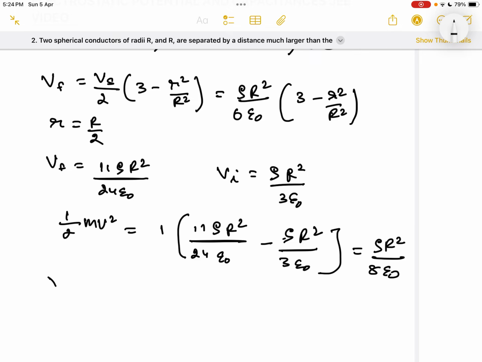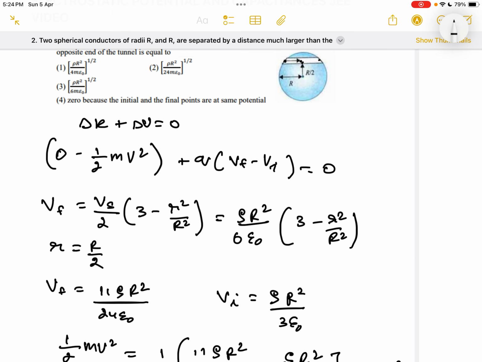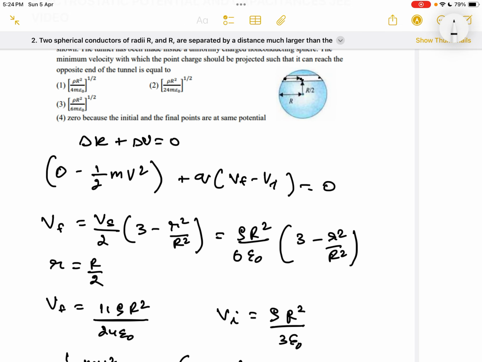Now if you calculate the velocity from this, velocity would be rho R square divided by 4m epsilon naught, power 1 by 2, which means it's under the root. Let us find out which option that is. Looks like rho R square divided by 4m epsilon naught power 1 by 2 is option 1. So that's the correct answer.